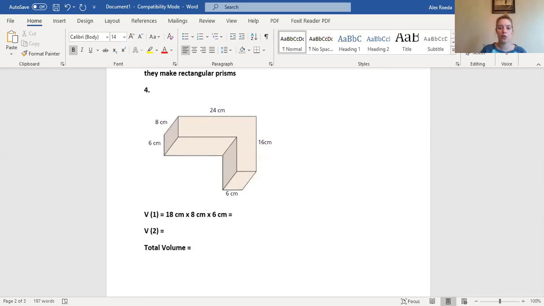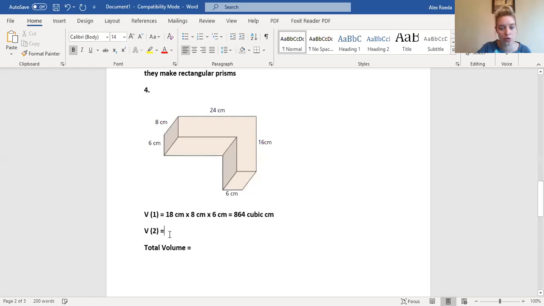Now I can multiply those together: 18 times 8 times 6. 18 times 8, if you do that, you're going to get 144. Then you can multiply 144 times 6, and you're going to get a value of 864 cubic centimeters. Again, cubic because we're finding volume.